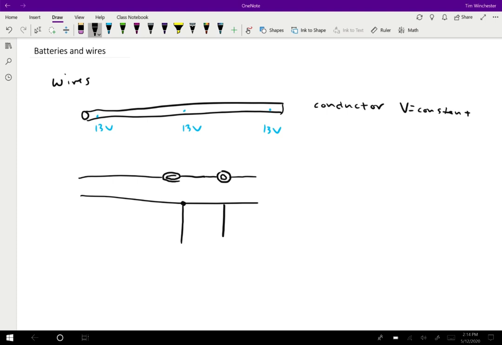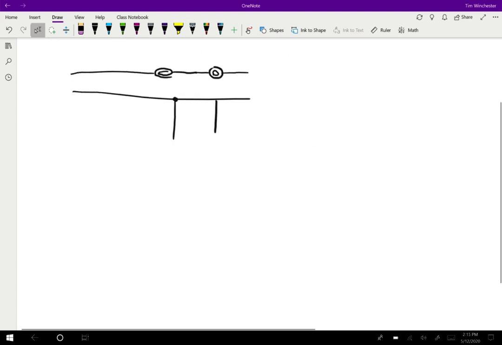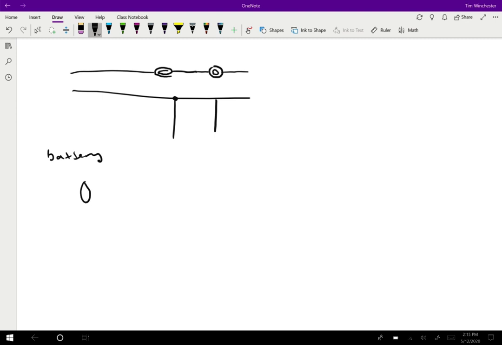So the other really important electrical component that's going to show up in pretty much all of our circuits is a battery. So what do batteries do? Well, if you look at a battery, and I would encourage you to find one in your house, just some AA battery, AAA, D cell, any battery that you can find.